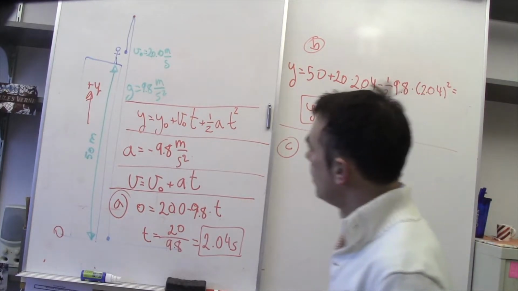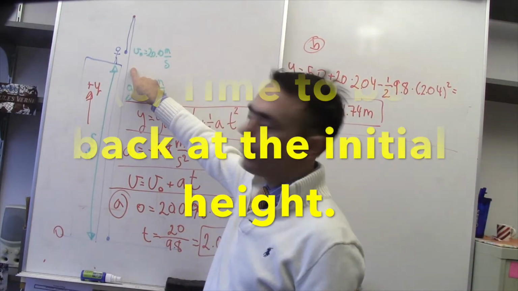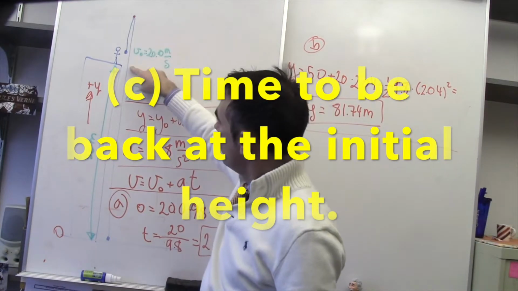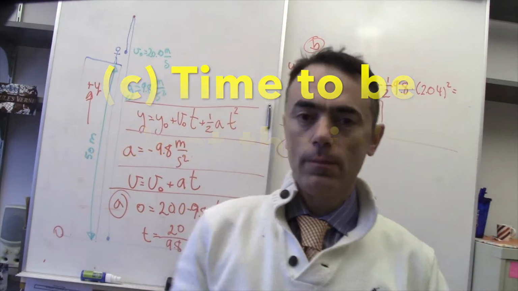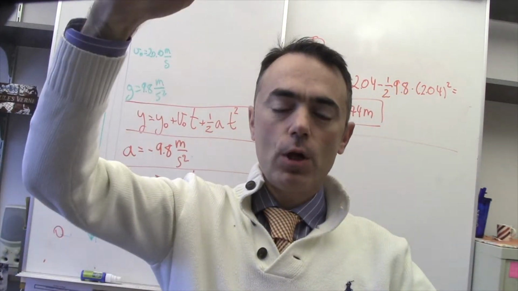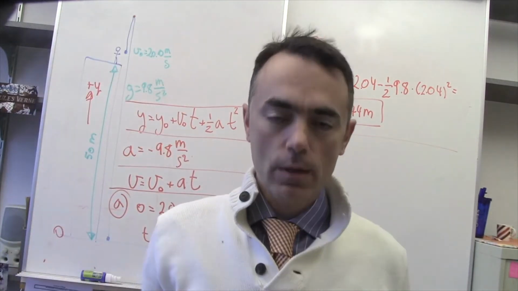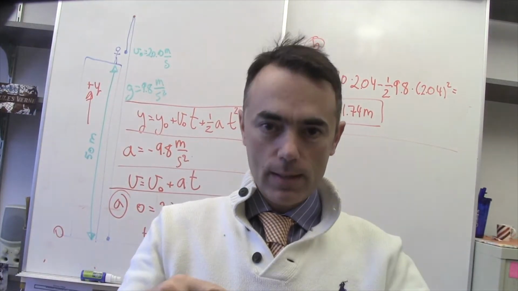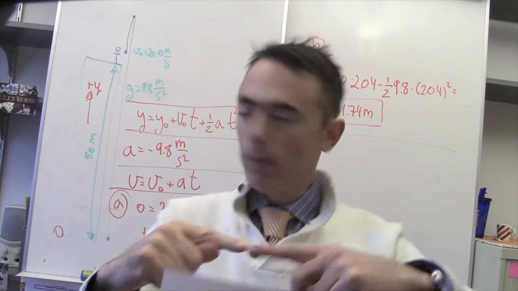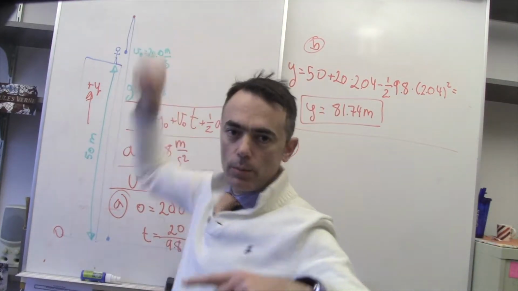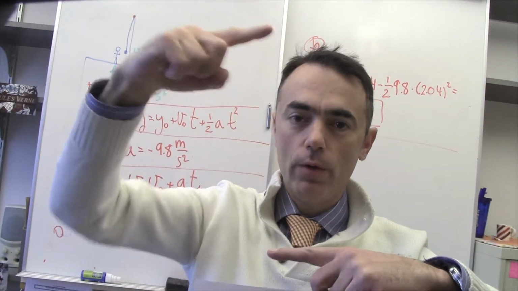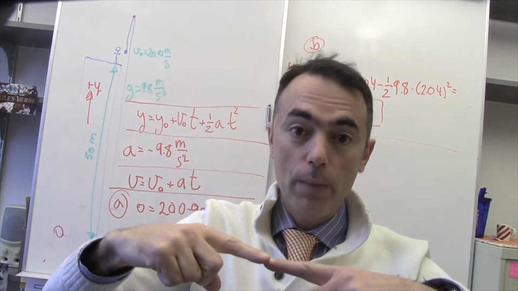I want to know the time and velocity when it's coming down, because I have the same acceleration going upwards and going downwards. The acceleration is constant. The time that the ball needs to go from the roof to the maximum height is the same as going from the maximum height back to the roof.